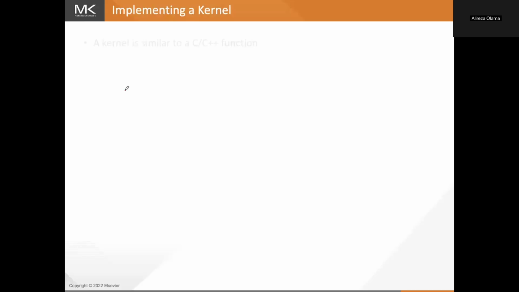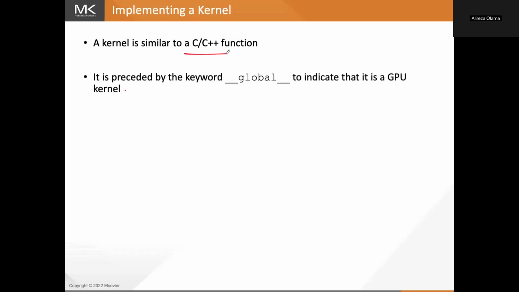All right, so let's see how we can implement the kernel. As I mentioned, a kernel is kind of similar to a normal C function, right? However, you need to annotate it with the underscore underscore global underscore underscore keyword, which is provided by the CUDA API.